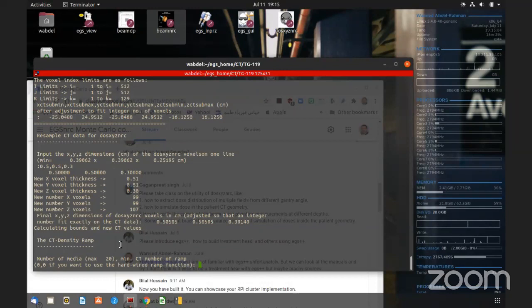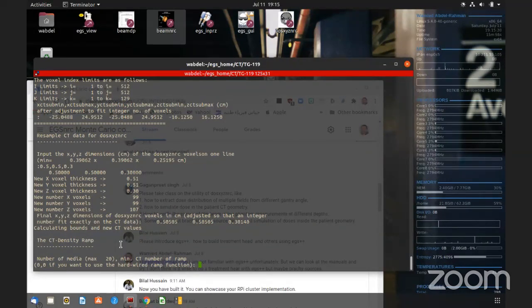We could do that. And then from minus 700 up to, let's say, minus 300, we're going to put lung. So in the CT data, if the CT number falls within that, then the medium assigned to the voxel is going to be lung. And then from minus 300 up to, let's say, 200, we're going to put tissue or water.